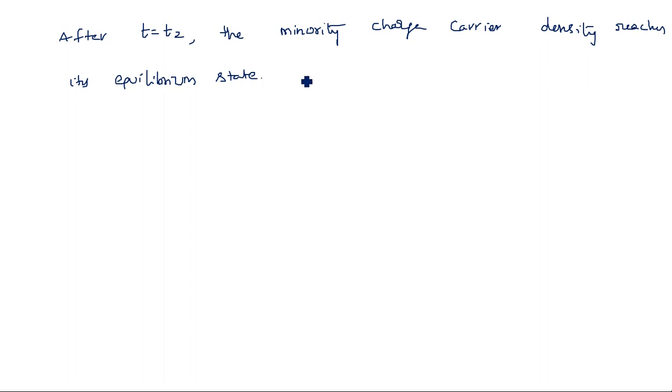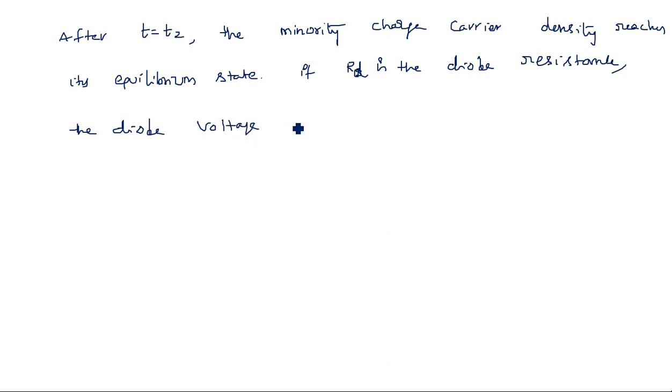If the diode ohmic resistance is Rd, then at the time T1 the diode voltage falls slightly by If plus IR times Rd.